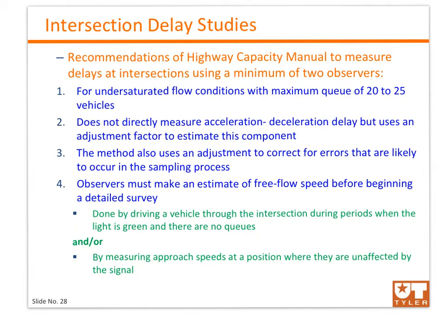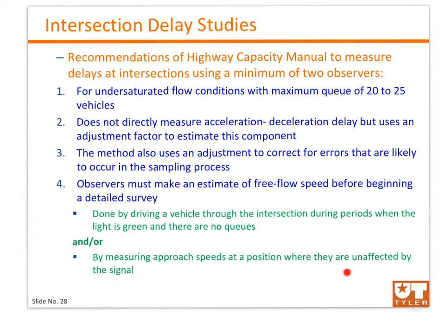Observers also must make an estimate of the free flow speed before the beginning of a detailed survey. And that free flow speed can be determined by driving a vehicle through the intersection during periods when the light is green and there are no queues, or by measuring approach speeds at a position where they are unaffected by the signal.